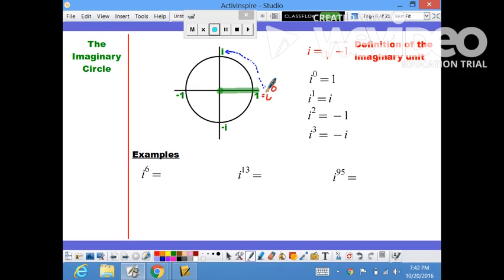So now our next stop is I. And that's also our first stop, so that's I to the power of 1. I to the power of 1 is I. Okay? We're going to take another 90-degree rotation. And our next stop is -1. So that's our second stop there. So that's I squared. I to the power of 2.